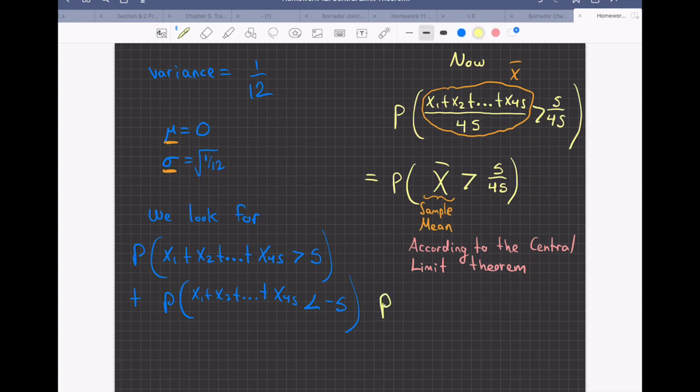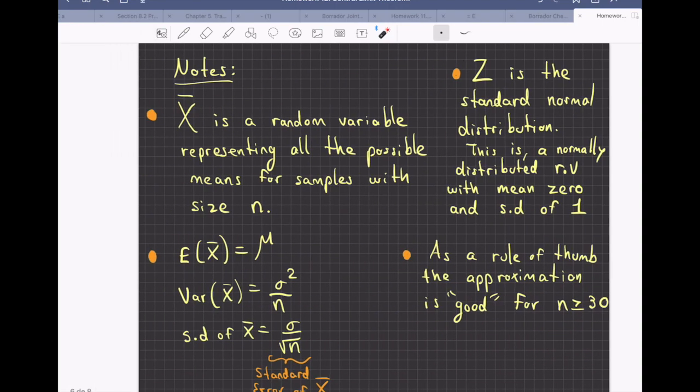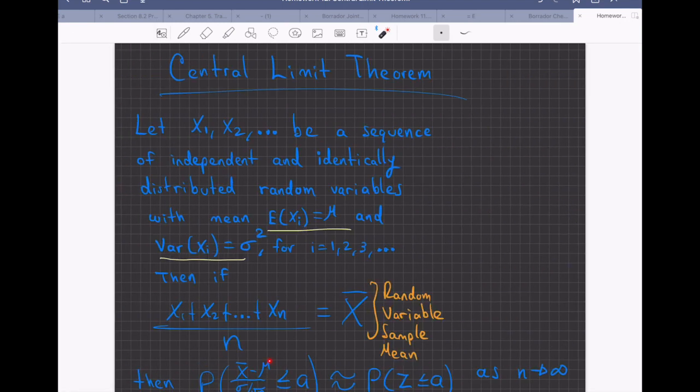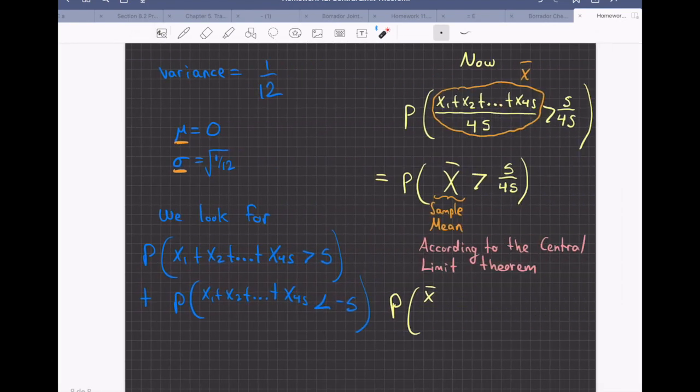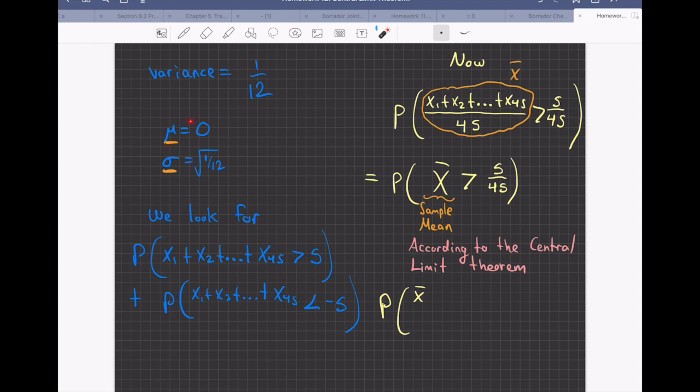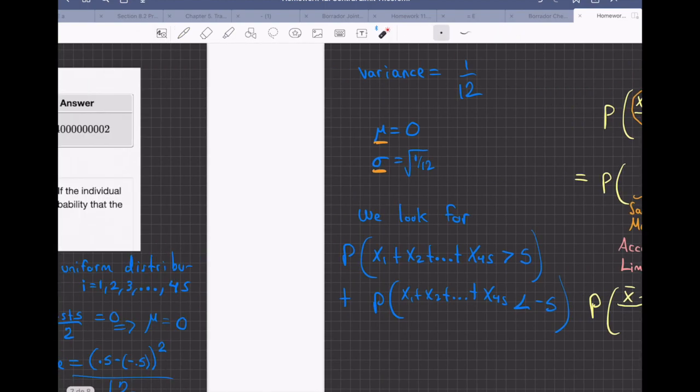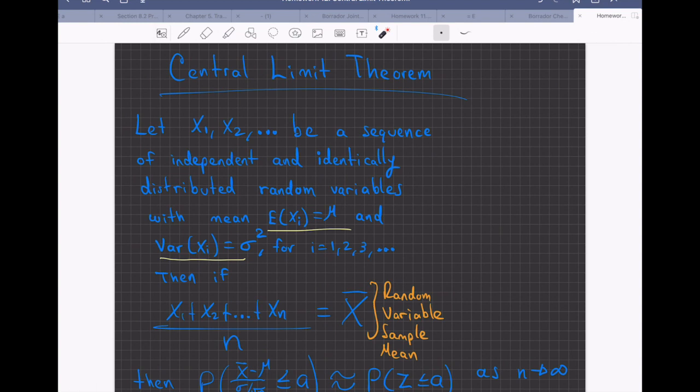Once you have set up the probability in terms of the sample mean, now go to the form of the central limit theorem: subtract mu, in this case mu is 0, so X bar minus 0, and divide all of this by sigma over square root of n.